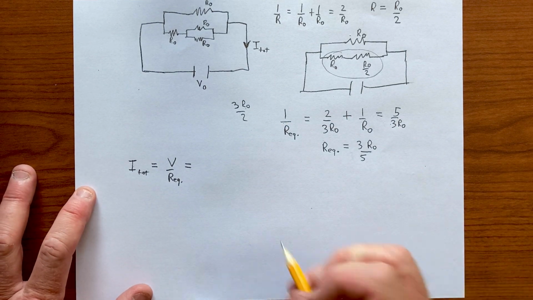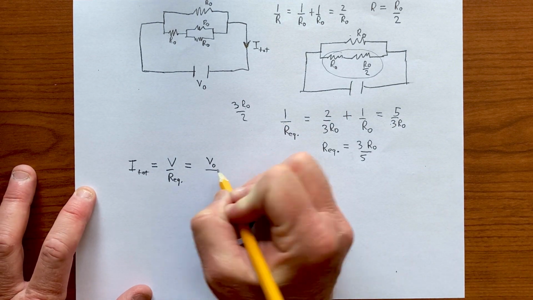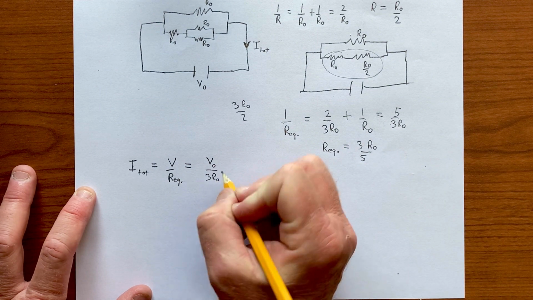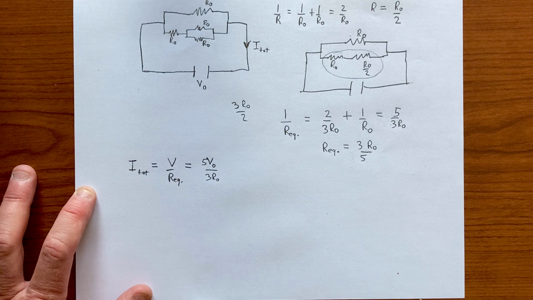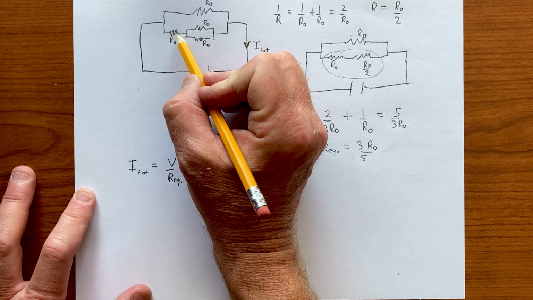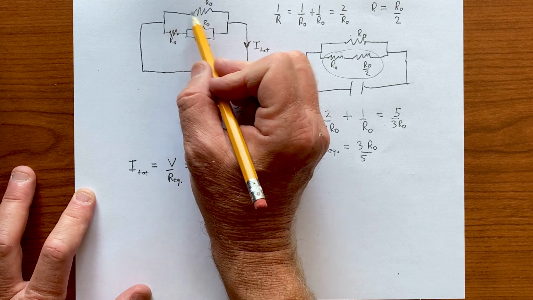And that is V naught over 3 R naught over 5, which looks like that. So that's the total current, and then we can find the current going through the bottom part and the current going through the top part.